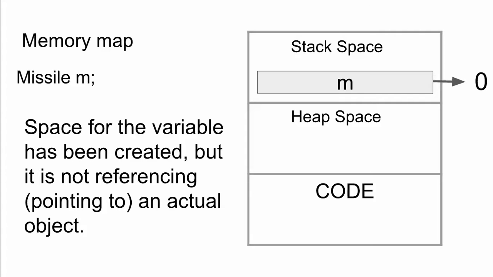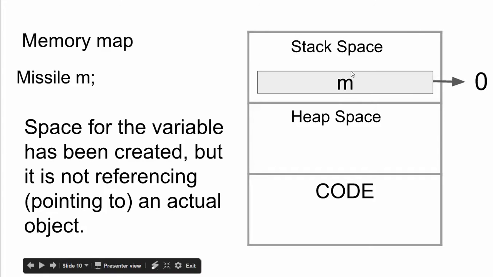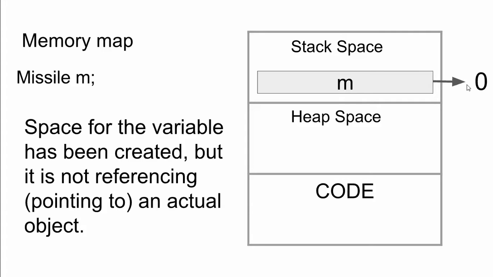They're not objects themselves. It's like the address of an object that lives somewhere in the computer's memory. So we haven't actually created a missile. We've created a reference to a missile, and that reference is set to null or 0. If we tried to do something with our missile right now, our code would fail with a null pointer exception because missile has not actually been initialized.